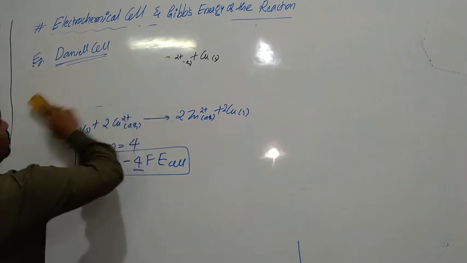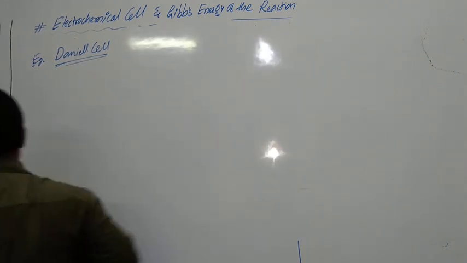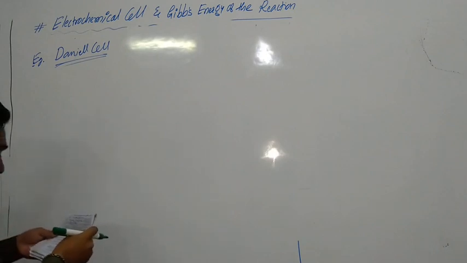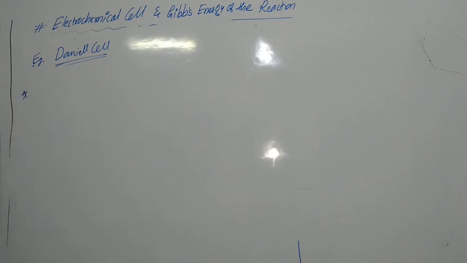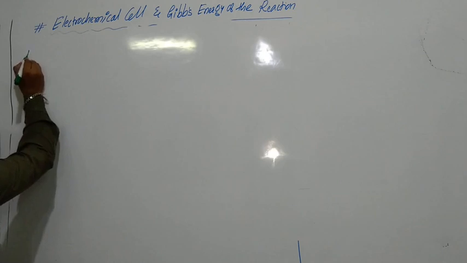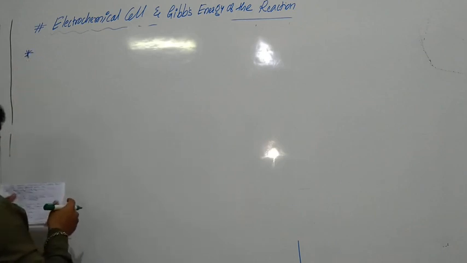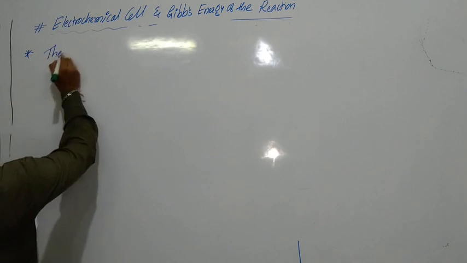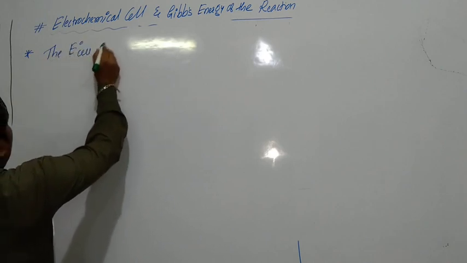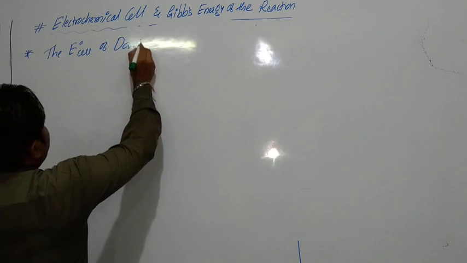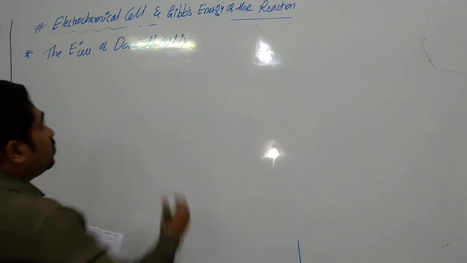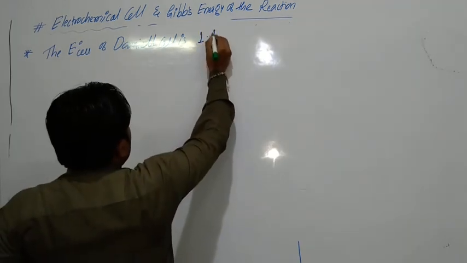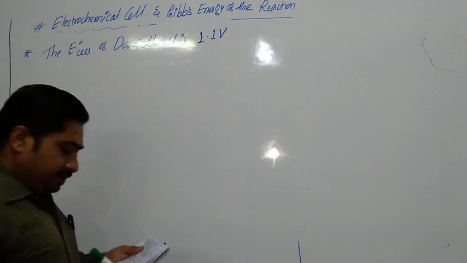I will remove this also. Here I am going to solve a problem. The E0 cell of Daniel cell is 1.1 volt.